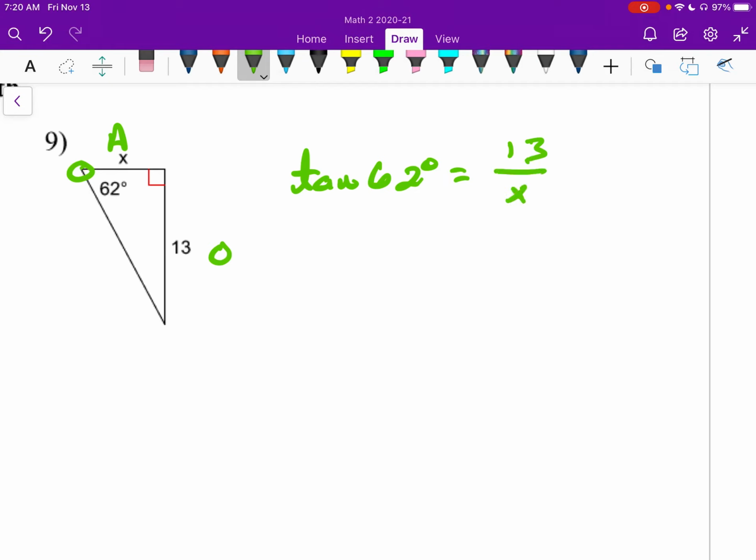We can swap our x and our tangent and say x is 13 divided by tangent of 62 degrees. And then I take my calculator and say 13 divided by tangent of 62 gives me 6.9.